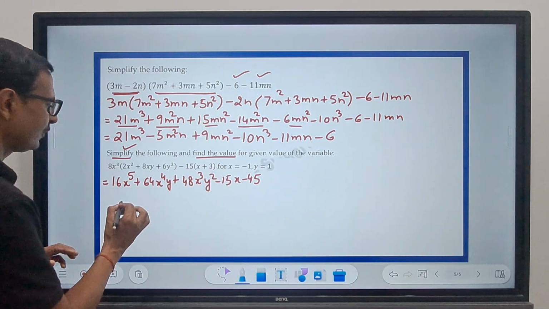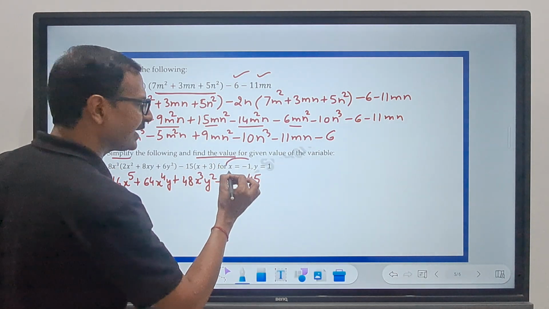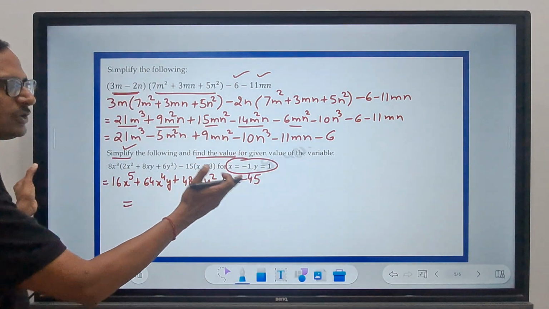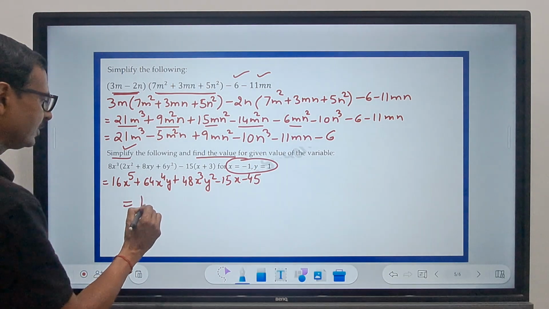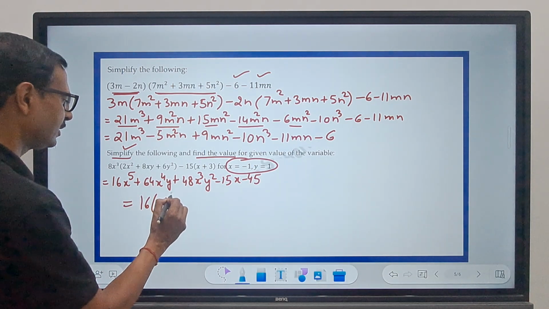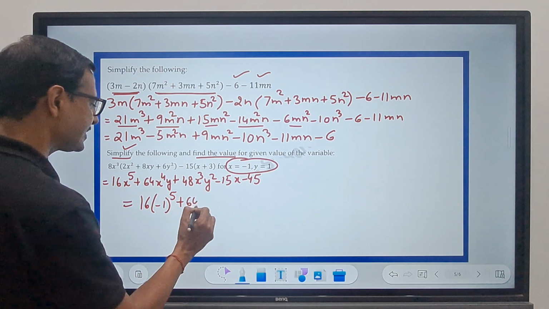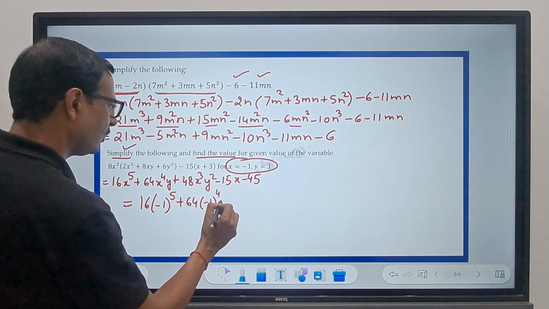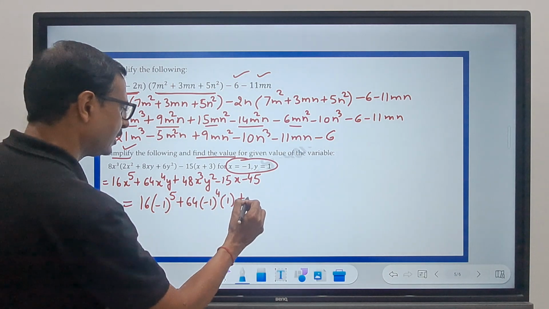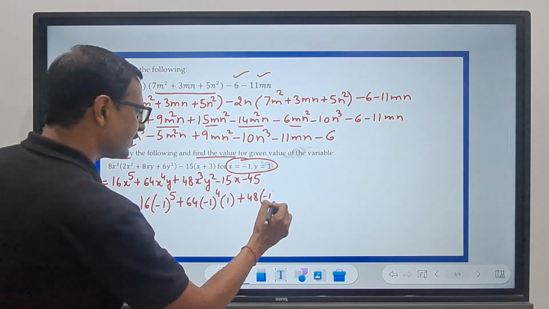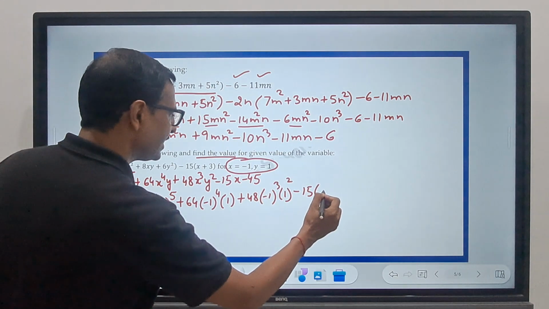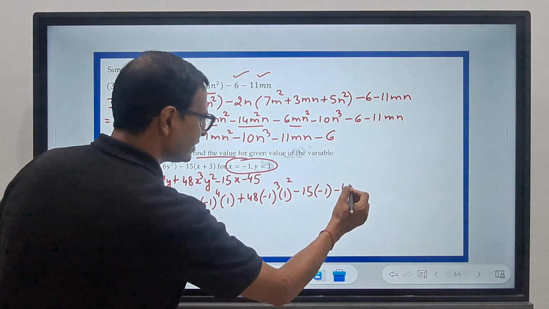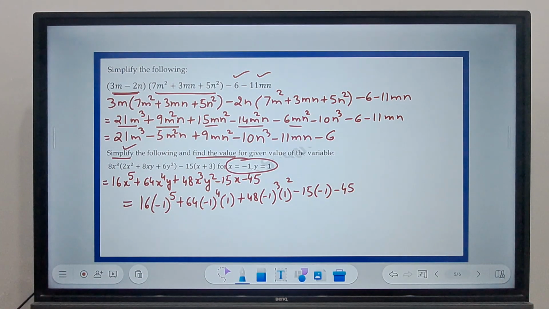All I have to do is to put the value of x as minus 1 and y as 1 to get my value of the expression. So let's put the value. x as minus 1, y as 1, and x as minus 1, that's it. See, I have substituted all the values here.